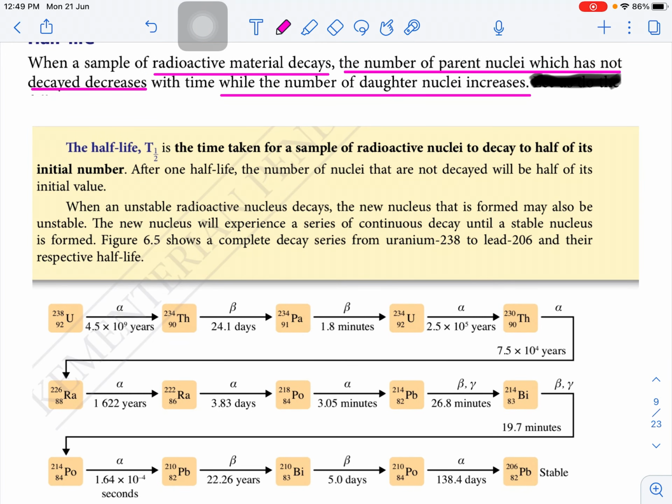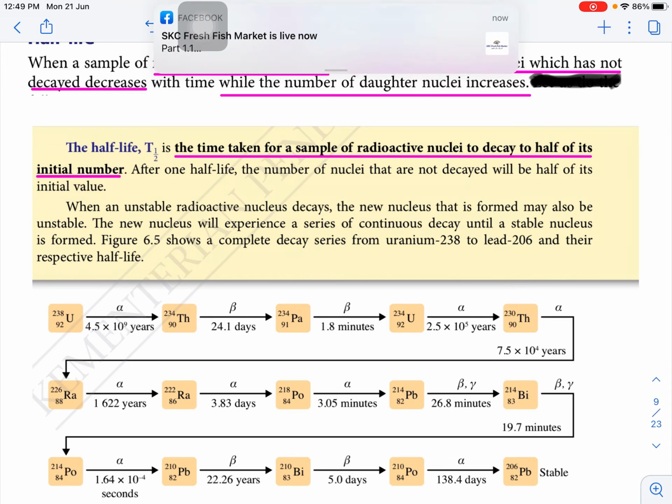So what is half-life? Half-life is the time taken. When we say life, it means that we want to measure a time. It is the time taken for a sample of radioactive nuclei to decay to half of its initial number. The symbol we use for half-life is T half.